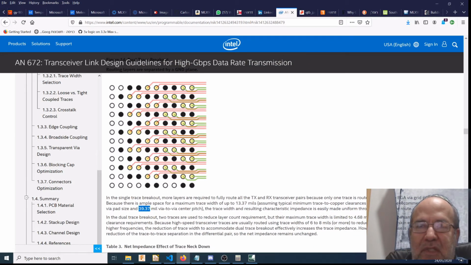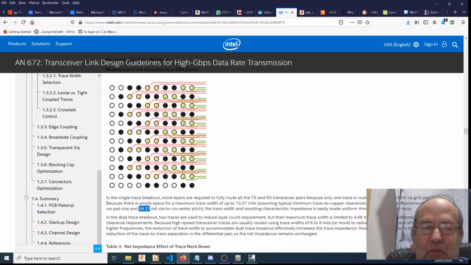Yeah, he's talking about using formal clearance, and he's talking about basically a 1mm BGA. 1mm BGA, I'm talking about 1mm pitch ball to ball.